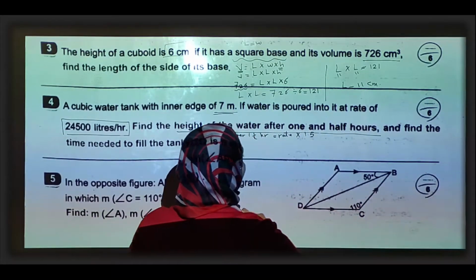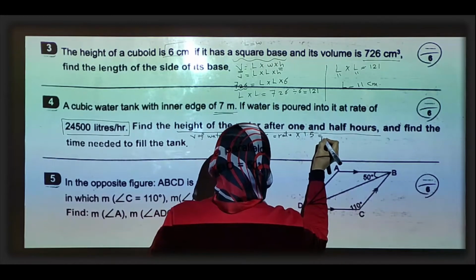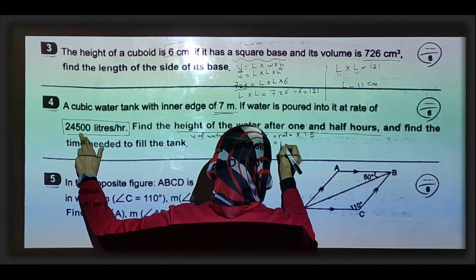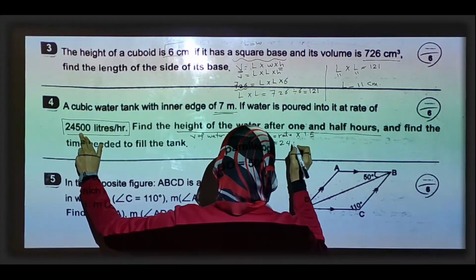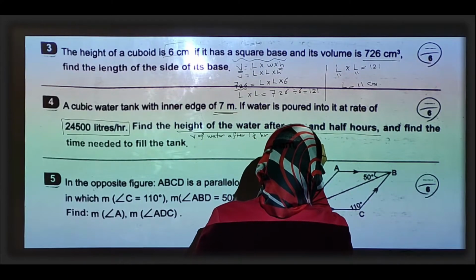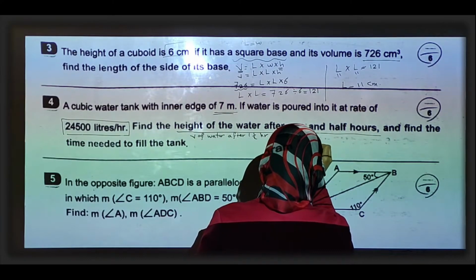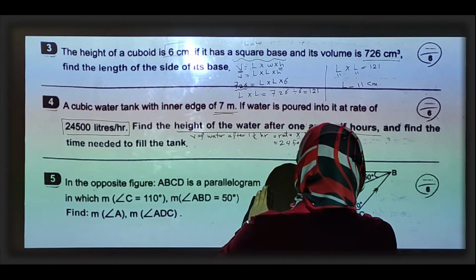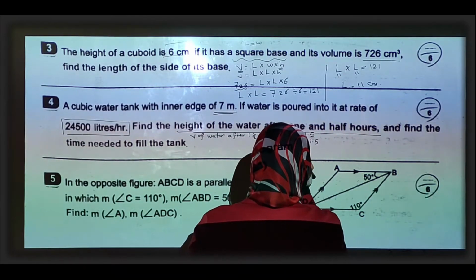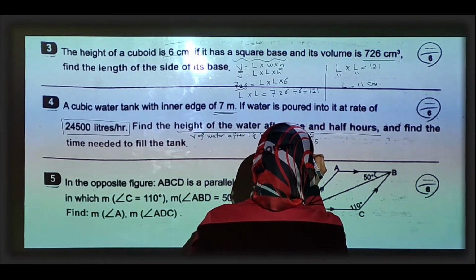The rate equals 24,500 liters per hour times 1.5, which is 36,750 liters.